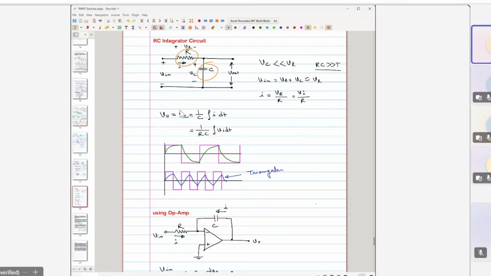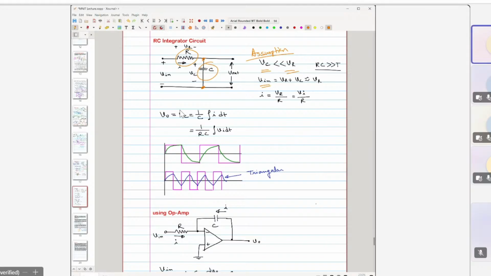Now why does this circuit behave as an integrator circuit, and what is the assumption? For this analysis, the assumption is that this Vc is much lower than Vr. That means the voltage drop across this cap is much lower than the voltage drop across this resistor. Why so? You will understand that just now.